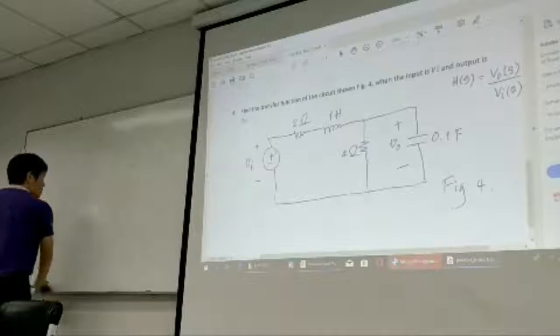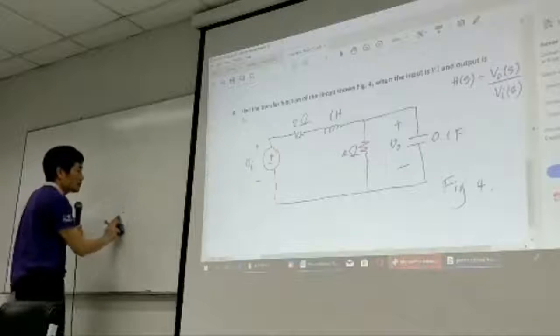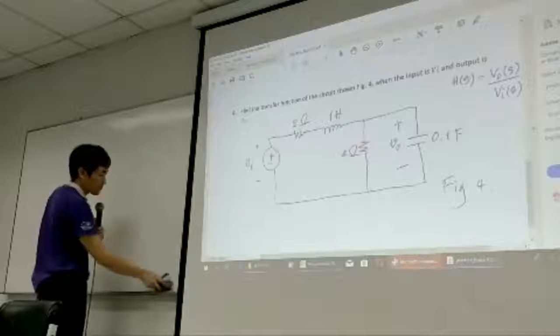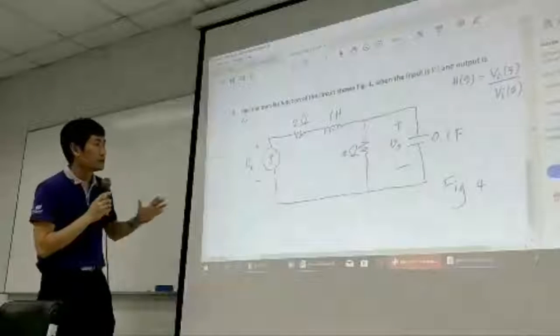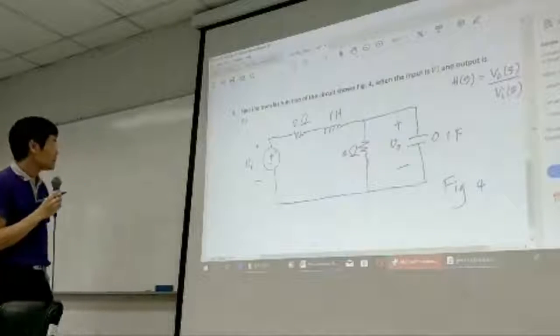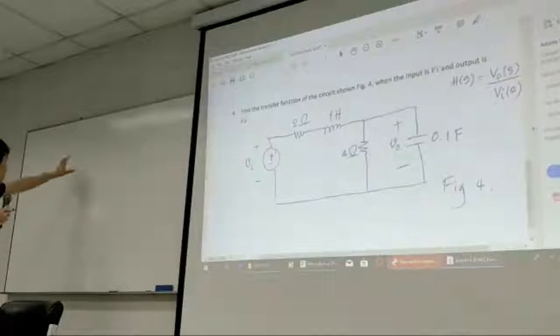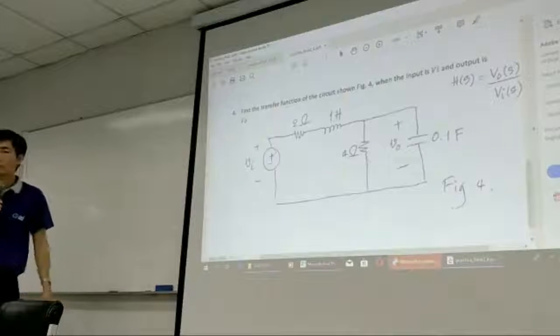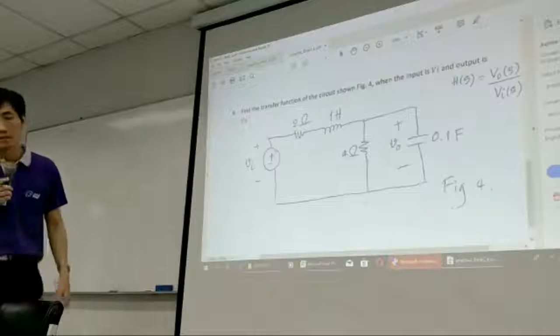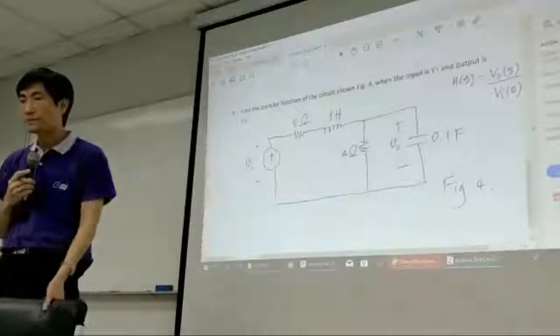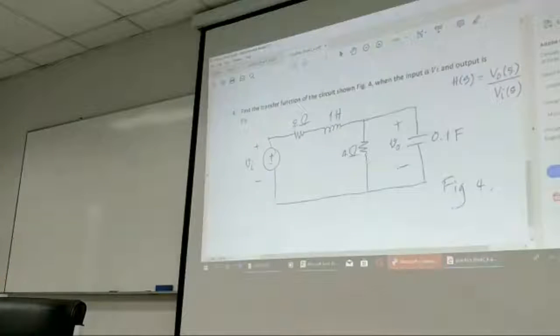So that means the first step, you transform the whole circuit using the Laplace. Second step, we have to obtain equations that involve all the elements. If we want to apply node or loop, you can apply either. So look at this one.